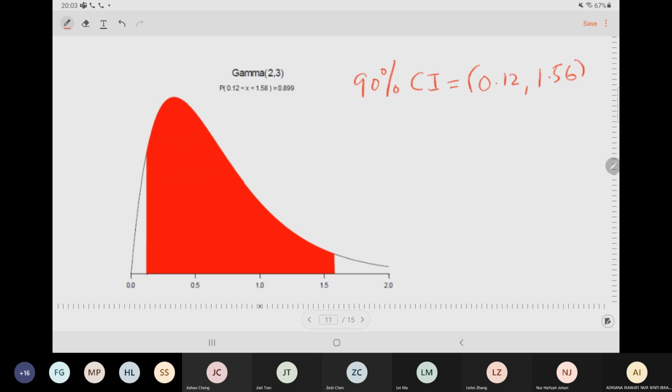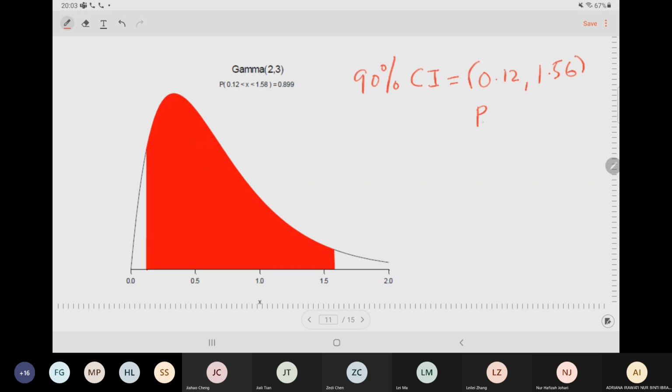You can see here, this is the percentile of 5, P5, and then you have P95. Because we are using alpha over 2 and alpha over 2, the region here has probability alpha over 2, and the white one is also alpha over 2, which is 5%, a probability of 0.05.